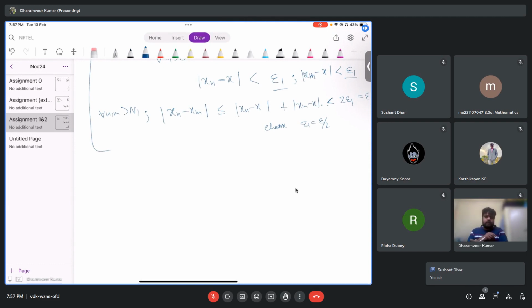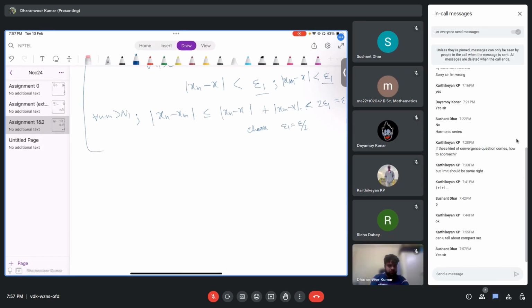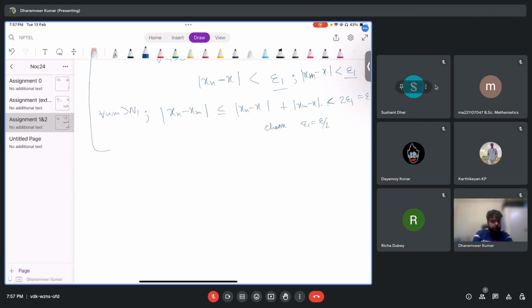So what is a compact set? Multiple ways to understand it. First of all, where are we looking at compact sets? Do you want to know just in the context of real numbers or in general? Karthikeyan? Real numbers. Okay.